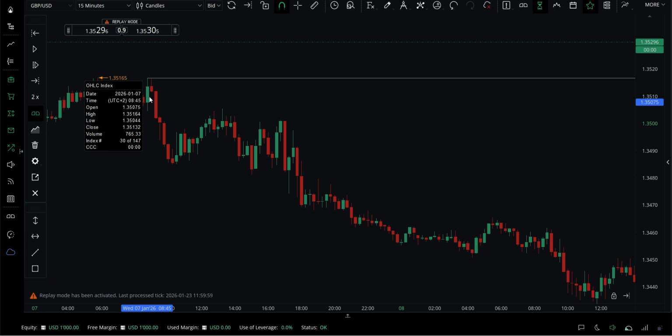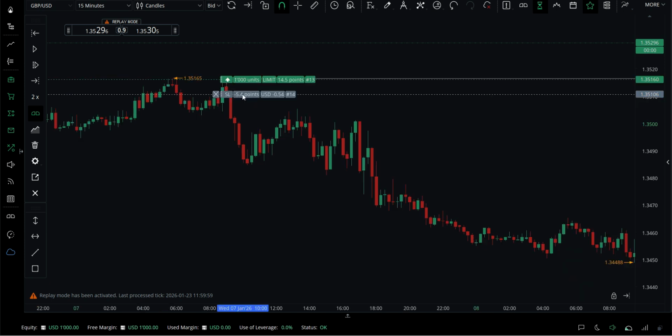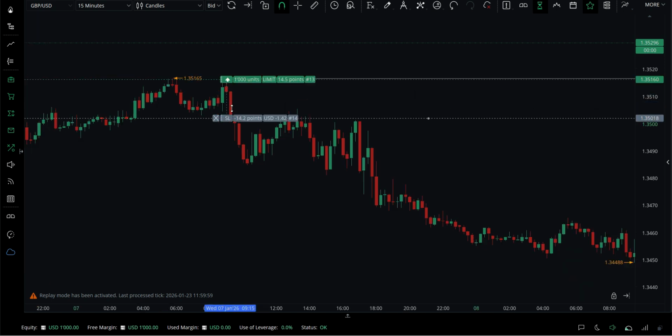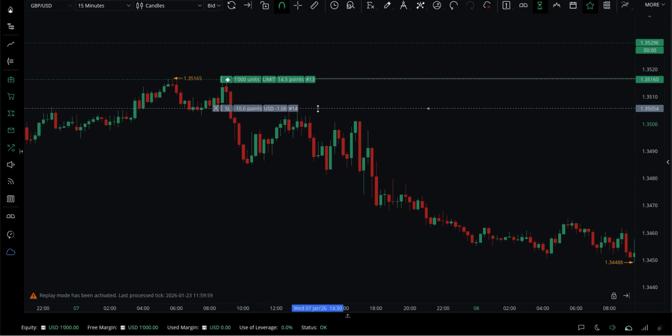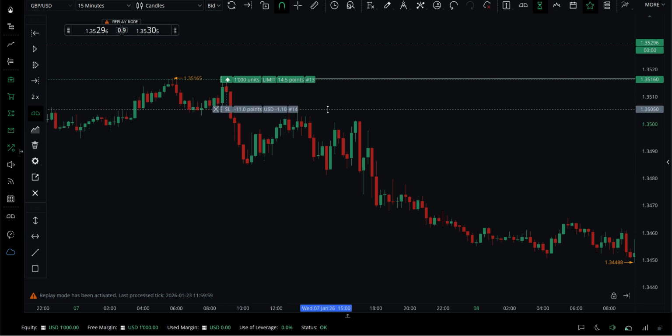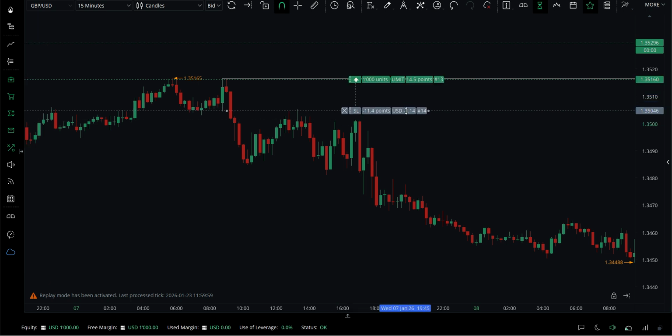It opens at 1.35075, closes at 1.35132, makes a low of 1.35044 and a high of 1.35164. We will set our stop loss limits below the low, which is about 12 pips away.